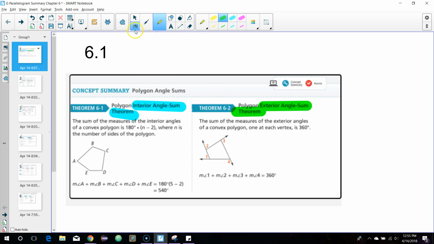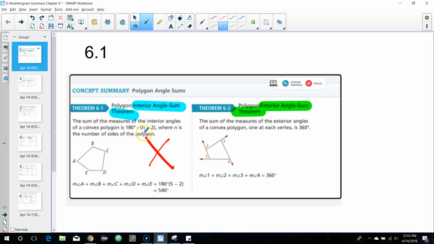Personally, I don't really like this one, the interior angle theorem. I just think this is too clunky. It's really no point to remember a formula unless you really want to. We normally want to carry around concepts that are easy to apply instead of remembering a formula, because there's always a chance that you'll remember it wrong.